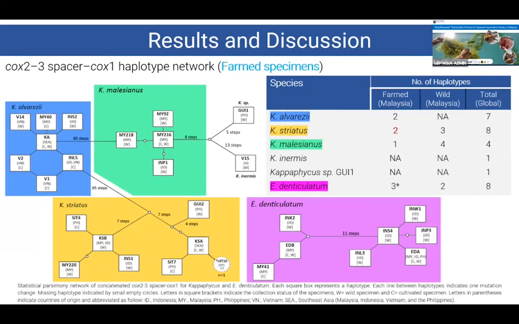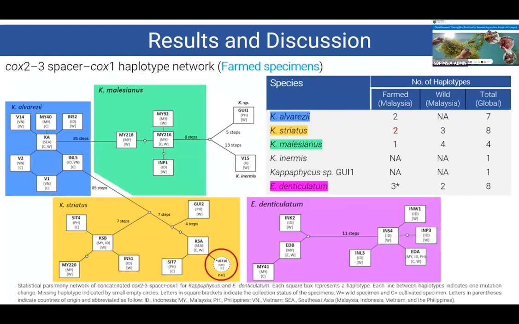Next, DNA analysis of the farm specimens revealed that little has changed since 2014 in terms of the cultivars being used in Malaysia. Only one new haplotype, LBT10, was identified out of all the specimens. This could indicate the possible introduction of wild specimens as cultivars by farmers, or perhaps spontaneous mutation in a non-coding COX-2-3 spacer.